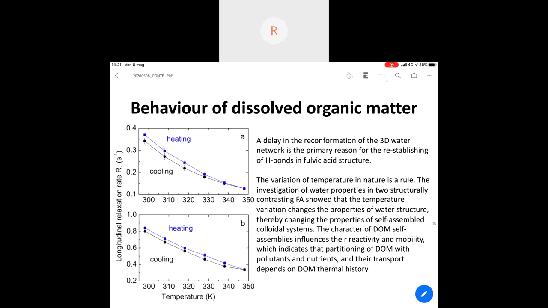So one of the problems that we can encounter in soil analysis is related to changes in the structure of organic matter, which directly affects the behavior of nutrients and water transportation in soils.